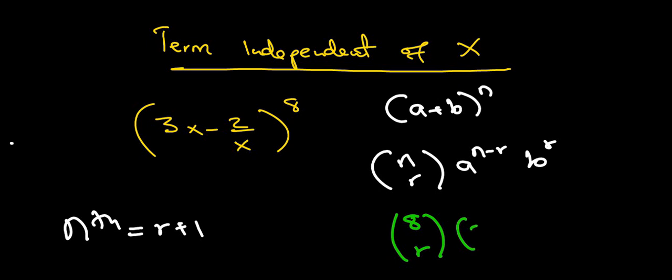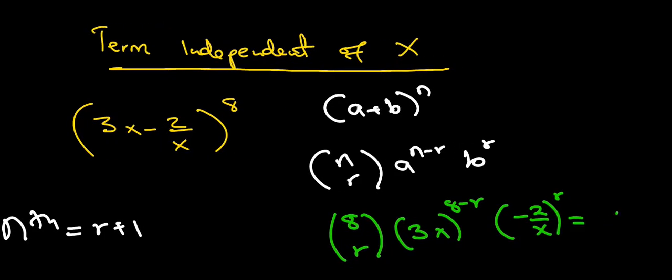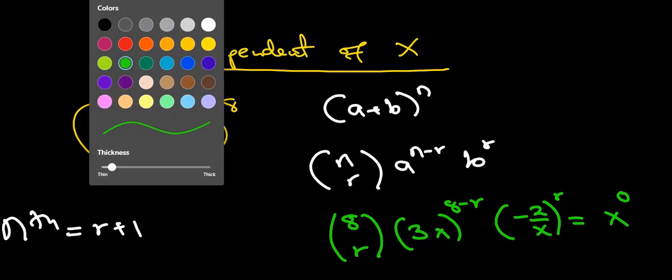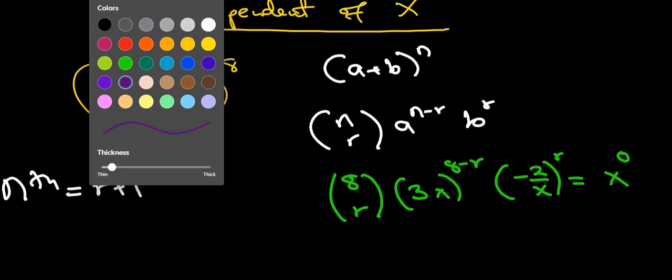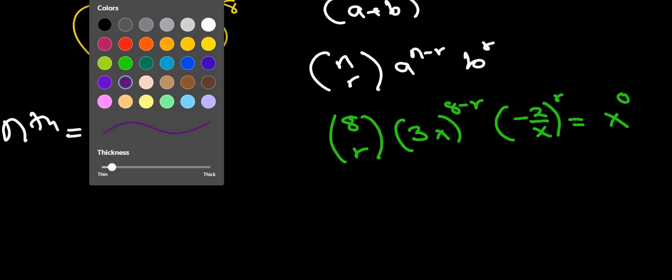The first term is 3x, and this is going to be to the power 8 minus r. Then the second term is negative 2 over x to the power r. You're supposed to equate what you have to x to the power 0 whenever you're looking for the term independent of x, because the term that doesn't have x means x is raised to the power 0.